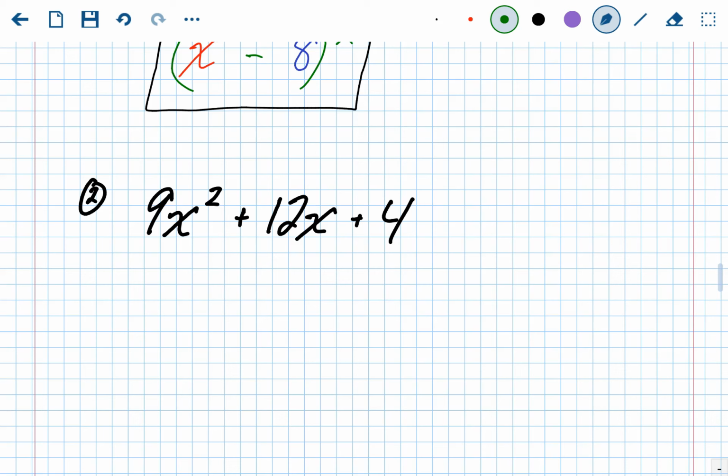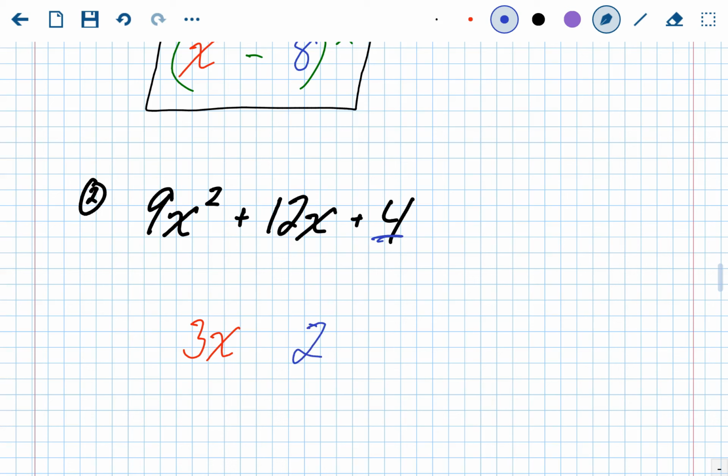So 9x squared plus 12x plus 4. Let's see if it's a perfect square trinomial. Is the first term a perfect square? Yes, 3x times 3x is 9x squared. Is the last term a perfect square? Yes, 2 times 2 is 4.